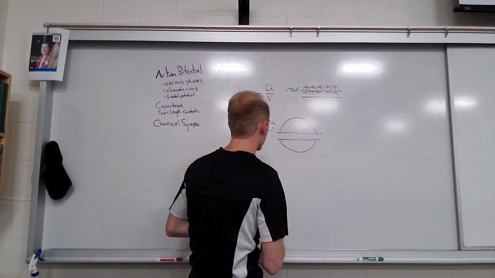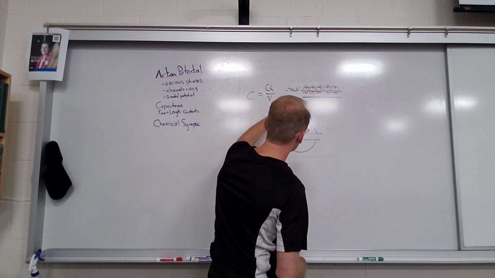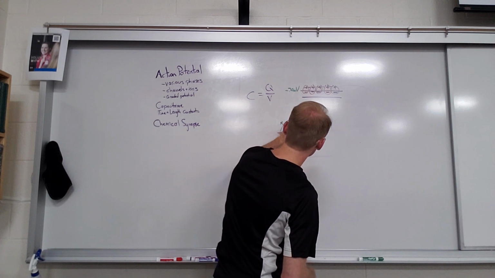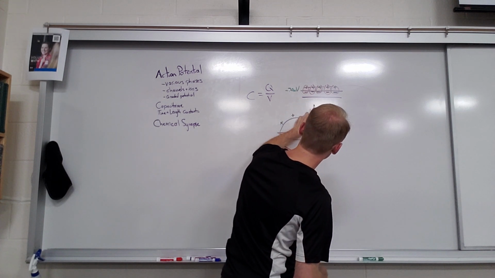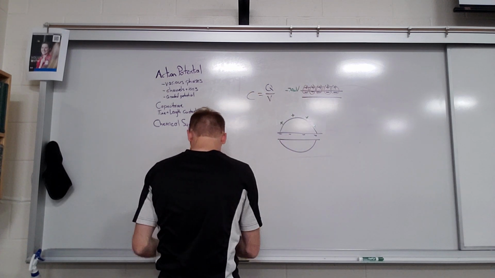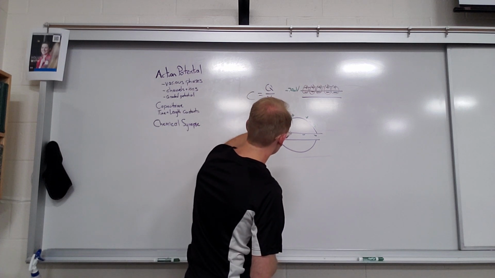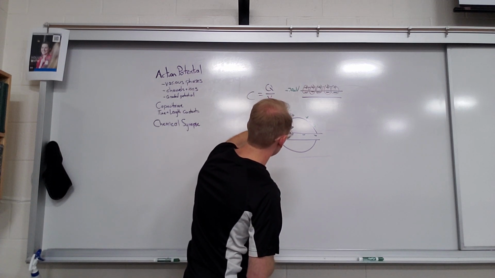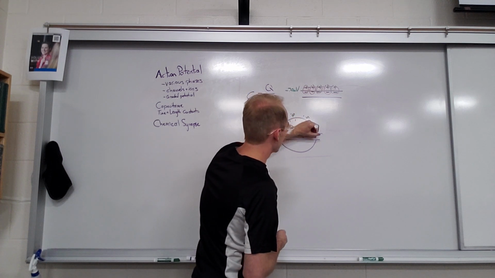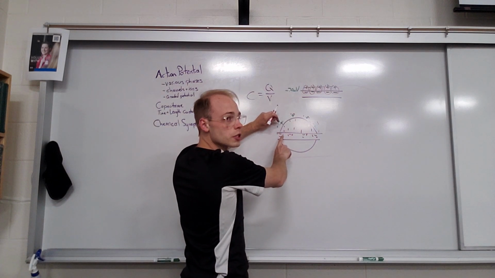What happens with this one is we're going to stick some pluses, and then our minuses. The interactions between these aren't as strong because they're so far away from their opposite charge, so they're not pulling each other in as much.